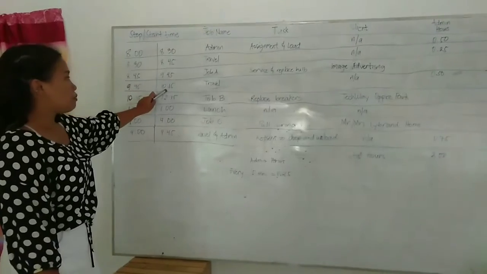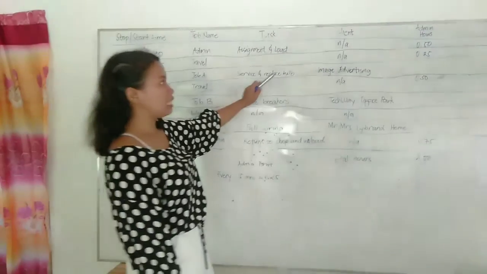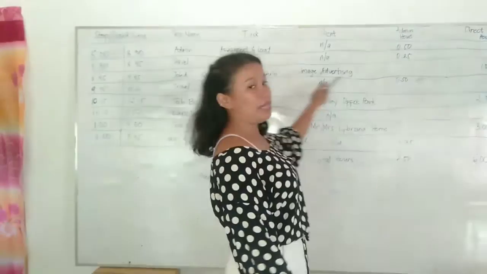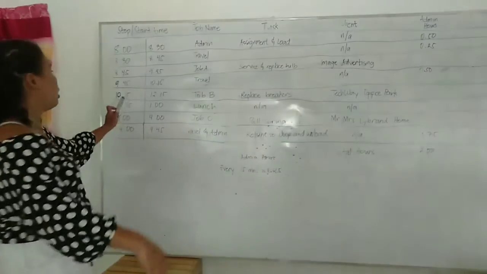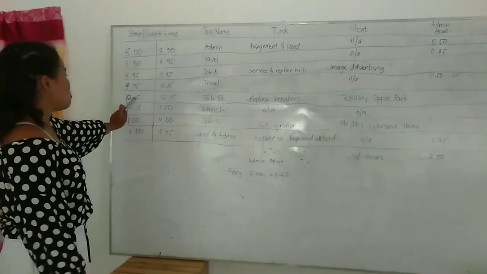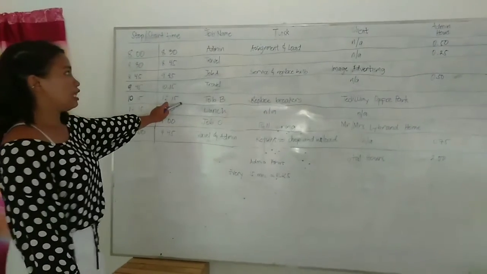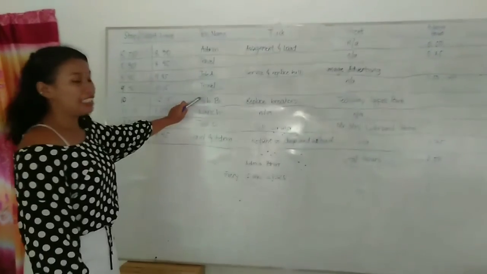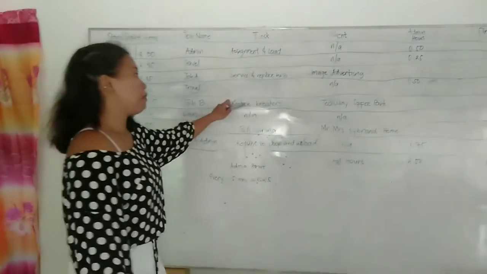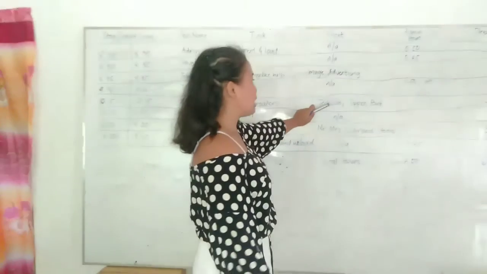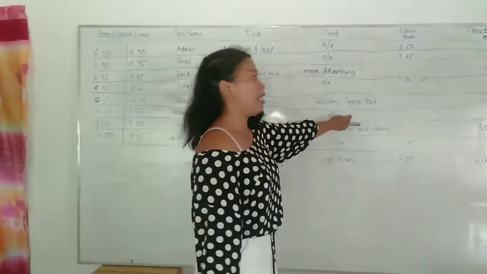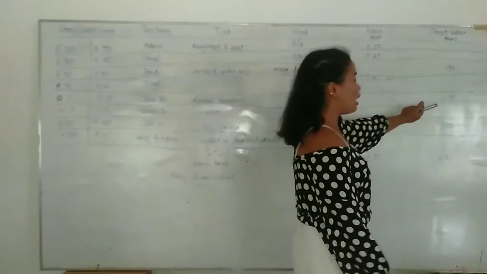From 9:45 to 10:15, the job name is travel. Task, none. Client, none. Admin hours, 0.50. From 10:15 to 12:15, the job name is job B, which is replace breakers. Client, Techway Office Park. Direct labor hours is 2 hours.